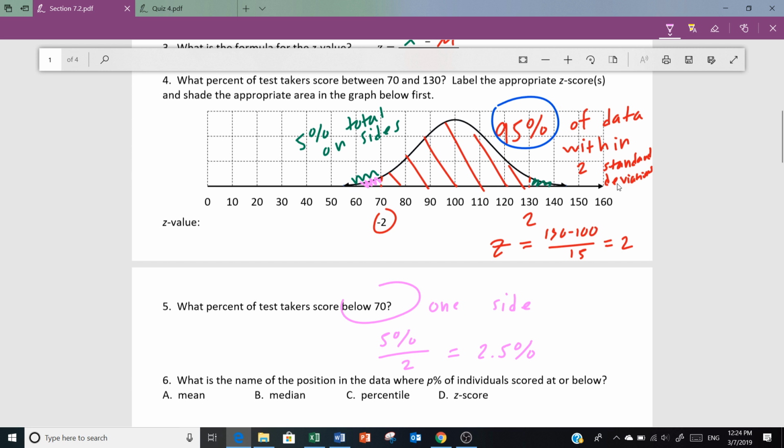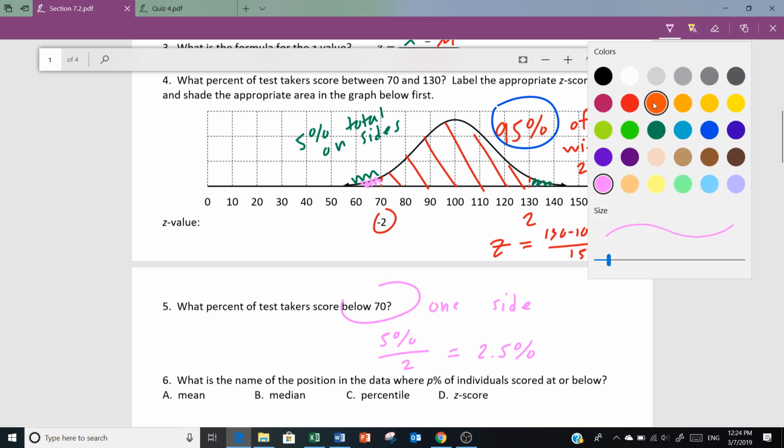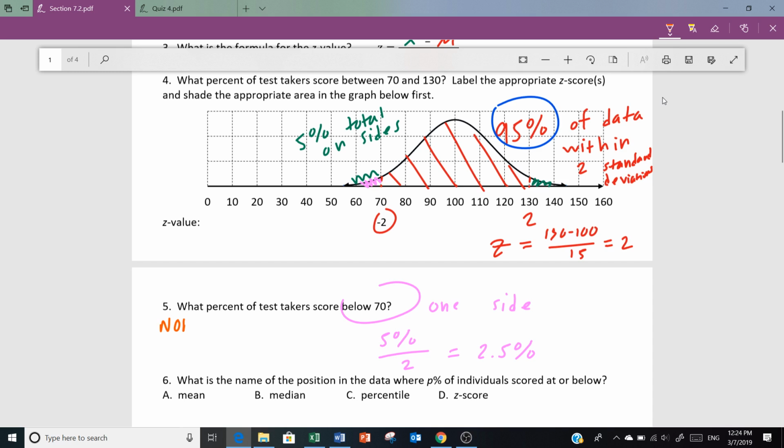What's another way to do this? How do we do this in Excel? Do you guys remember? Good. With Excel, you want to use norm.s.dist. Do I want to put 70 in here though? No, I have to put the z value inside. So I put -2 in for the norm.s.dist.